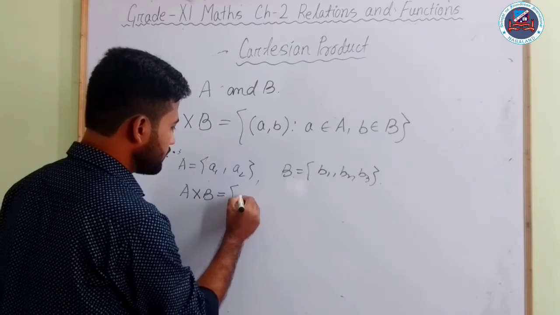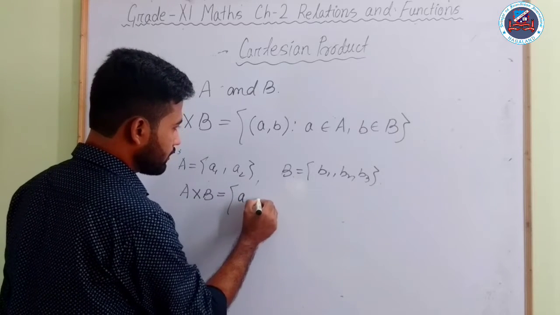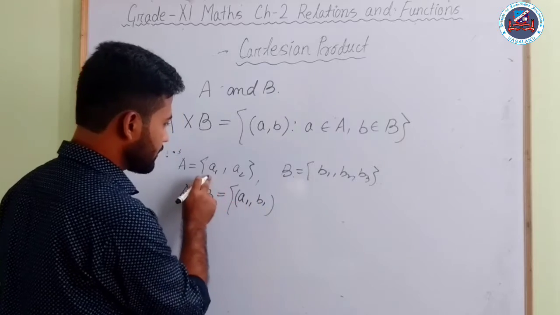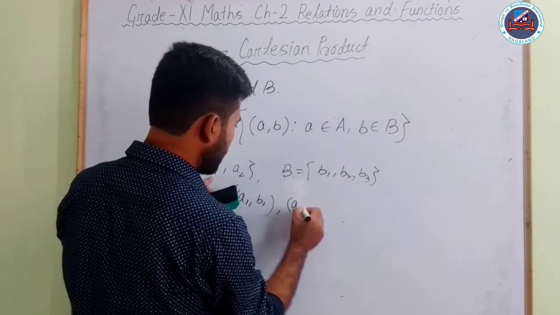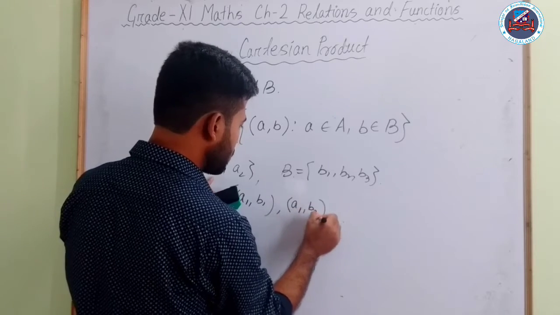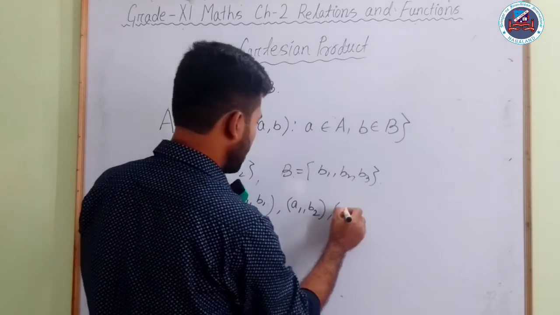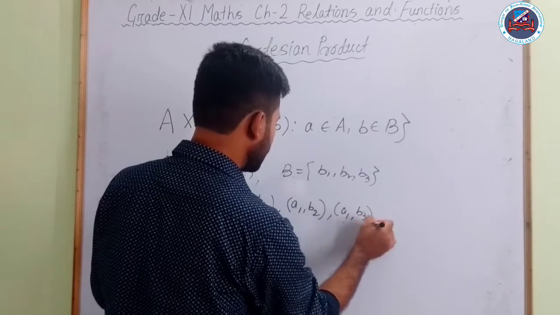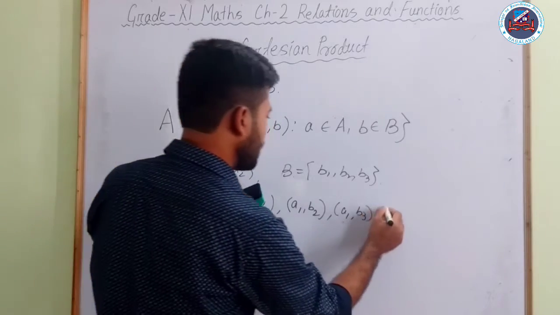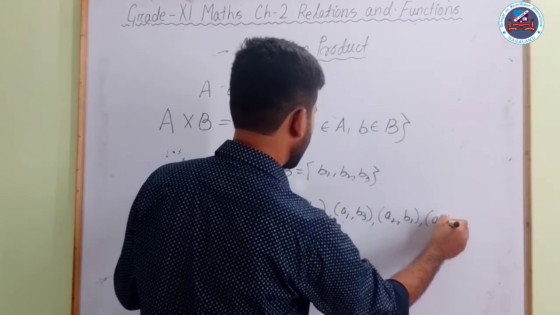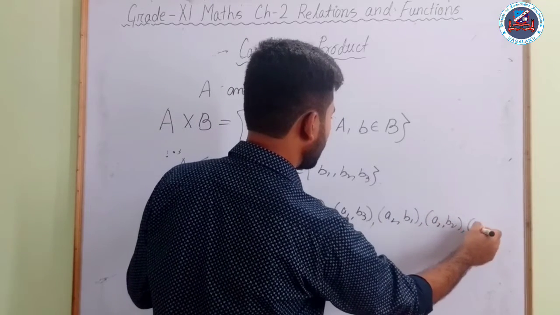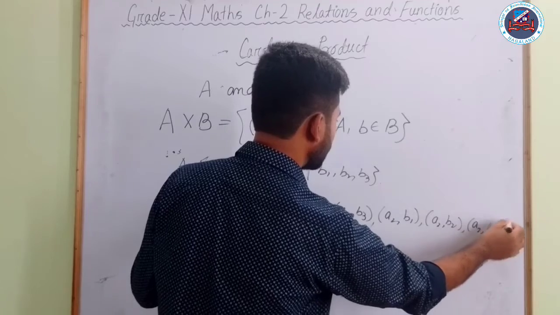It will be (a1, b1), that is the first element from here, then (a1, b2), (a1, b3), again (a2, b1), (a2, b2), and (a2, b3).